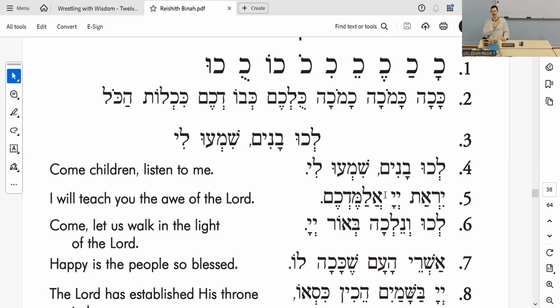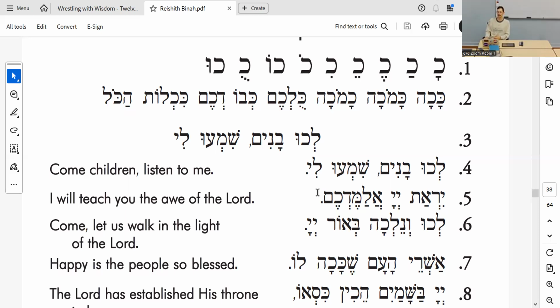The aleph here indicates ani, like the aleph in ani. Lamedchem: lamed mem dalet is the root for lamad, to teach. And chem is basically like etchem, you. This is going back to the pronouns, but the pronouns now get attached to the root.